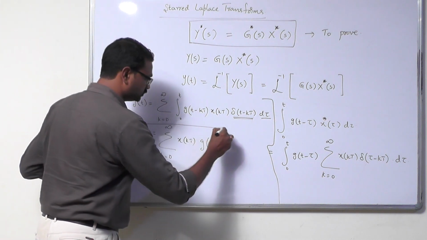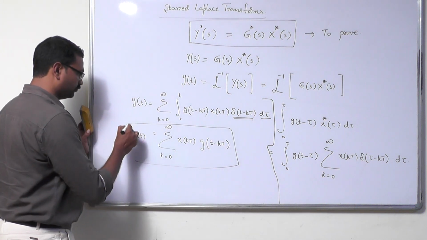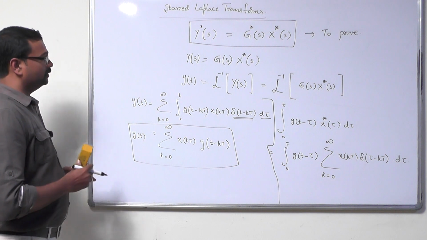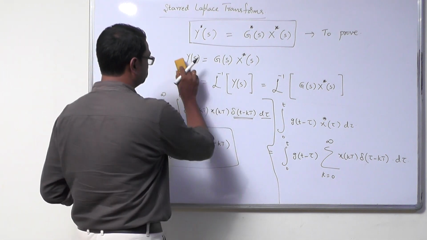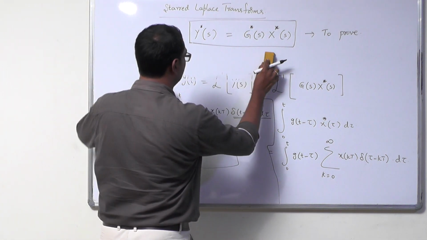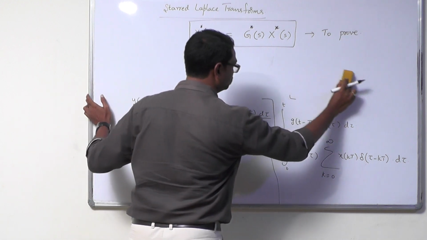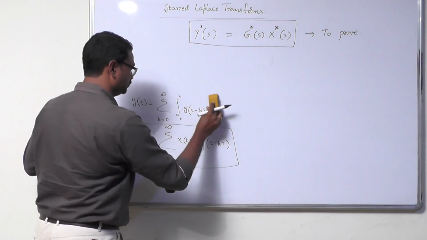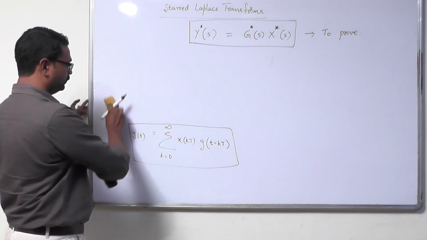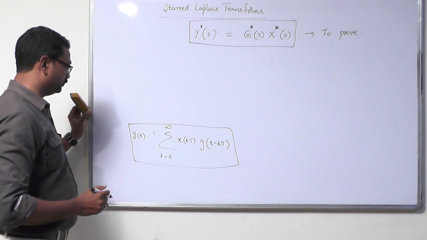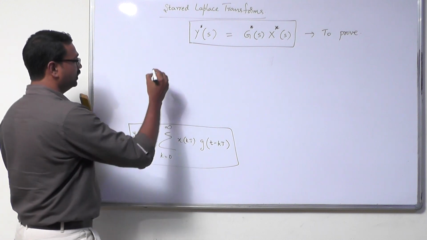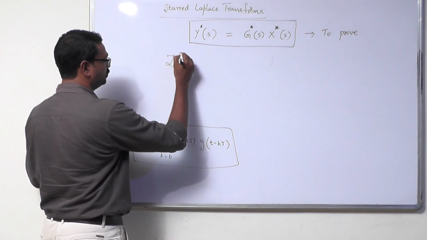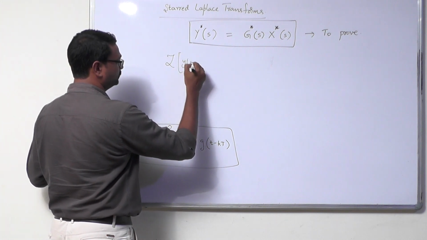Now we will use this equation to find out the star Laplace transforms that we are trying to discuss. We will have to prove this equation. Therefore, we are going to see what is happening while using this equation. What is it that I require? I require the z transform of y of t.